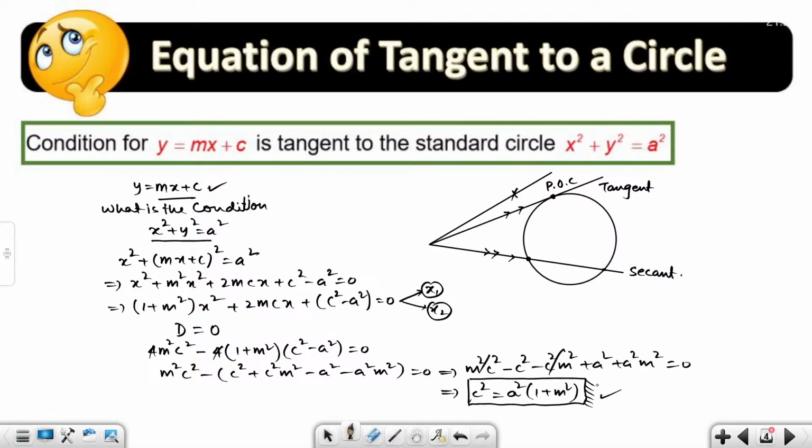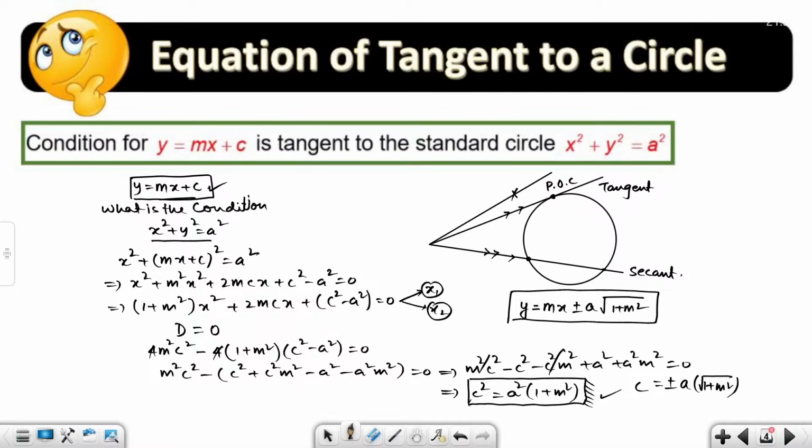So what will be the equation of the tangent? If c square equals to a square into 1 plus m square, then c can be written as plus minus a root over 1 plus m square. So the equation of the tangent is y equals to mx plus minus a root over of 1 plus m square, because here I am putting the value of c.